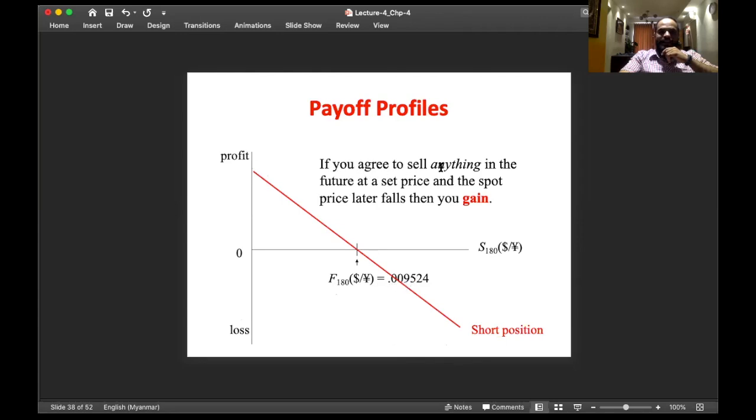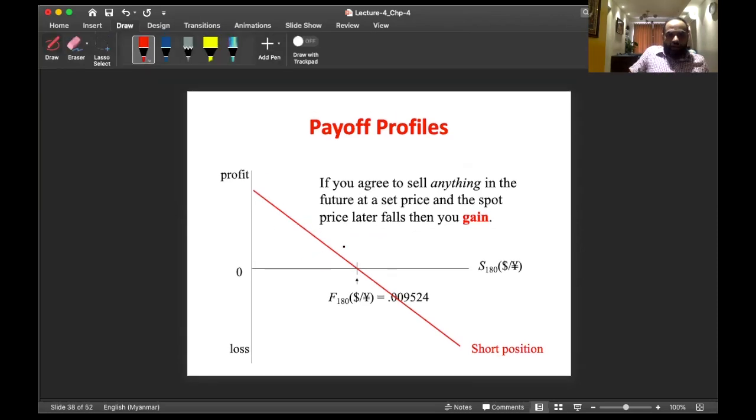If you agree to sell anything in future at a set price and the spot price later falls, then you gain. If the spot price goes down but you agreed to sell at this price, it's good for you. You are making a profit here.